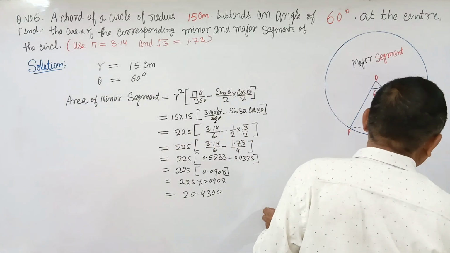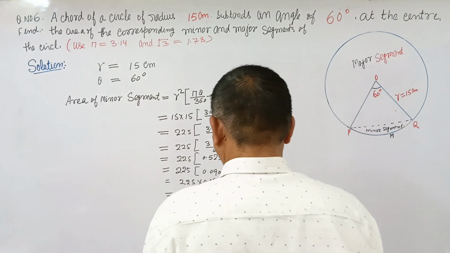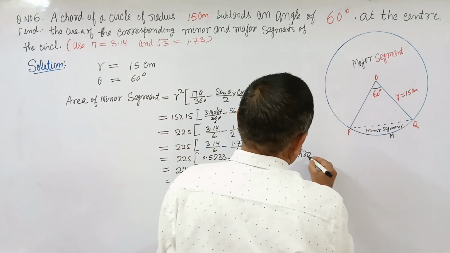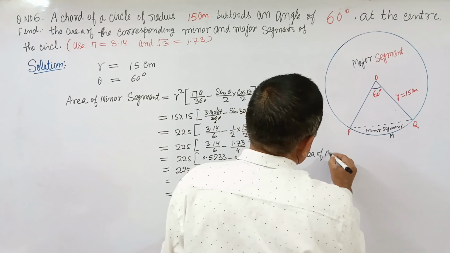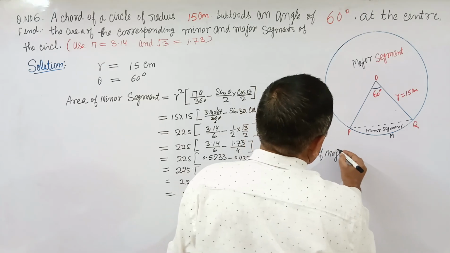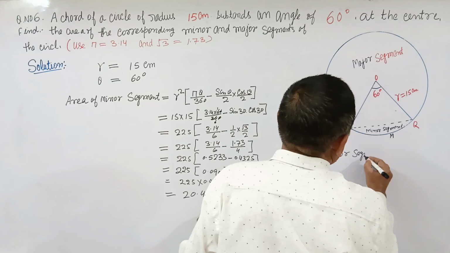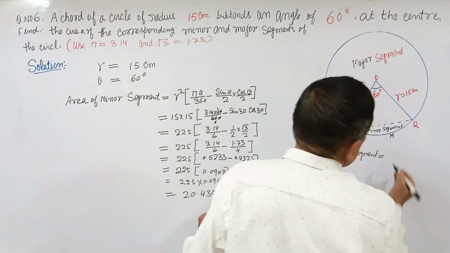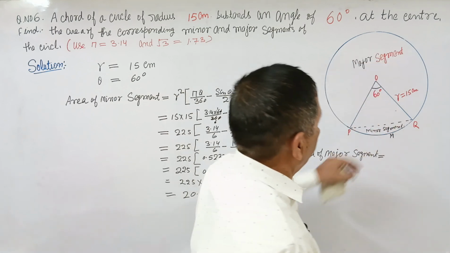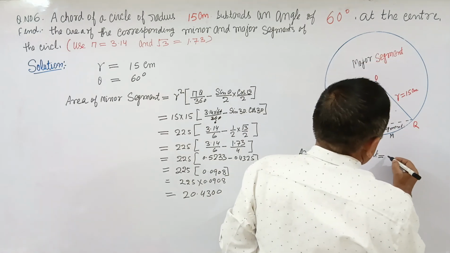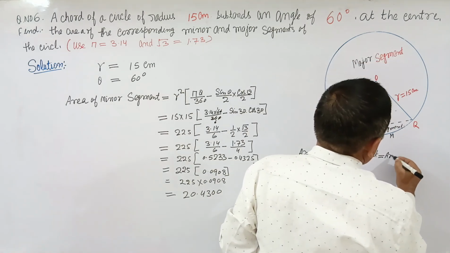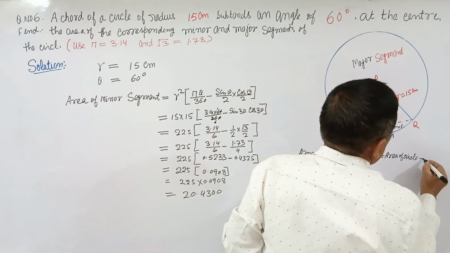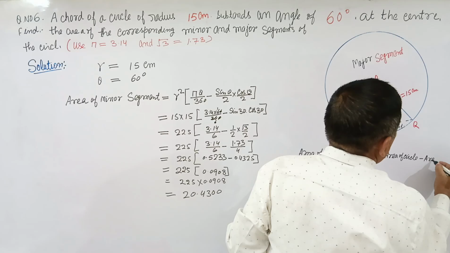Now to calculate the area of the major segment, I will write area of major segment equals area of whole circle minus area of minor segment.